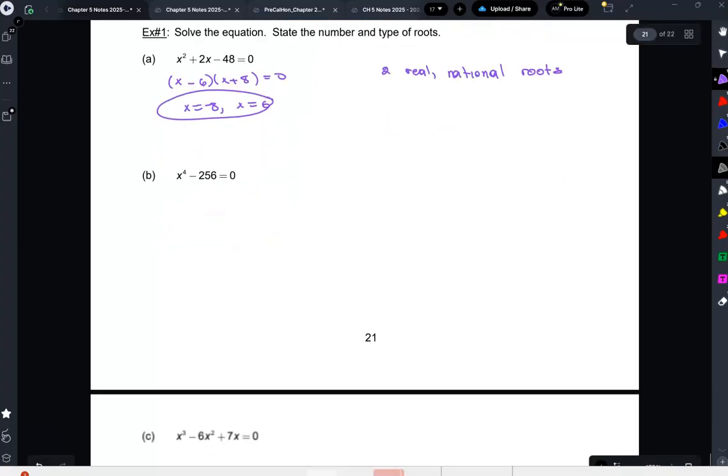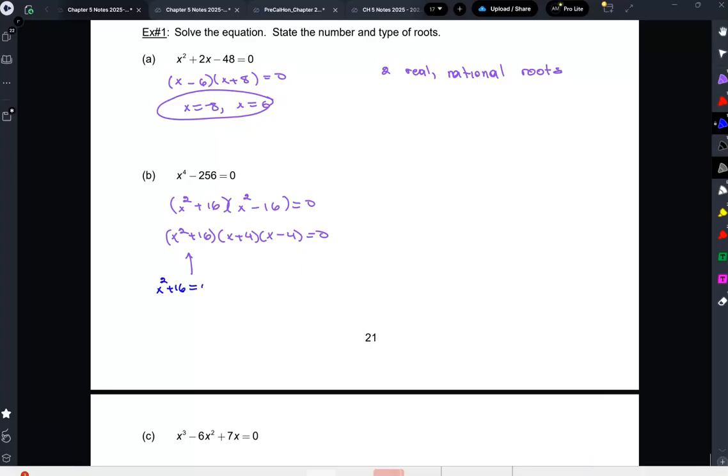Okay, here we go. Our favorite difference of squares, x squared. What's the square root of 256 these days? 16. So plus 16 minus 16. Okay. So this is x squared plus 16. Can't factor that anymore. But this is x plus 4, x minus 4. So this, we set it equal to 0, right?